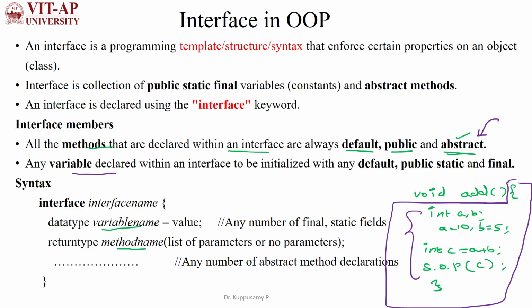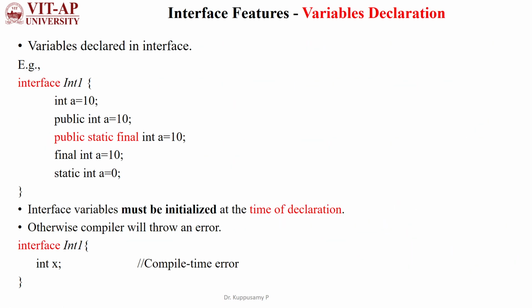Any variable declared within an interface has to be initialized with a value, and it may be default or public, static, or final. We have seen all the access specifiers already in the previous video. Now we will see an example of an interface with features like variable declaration.